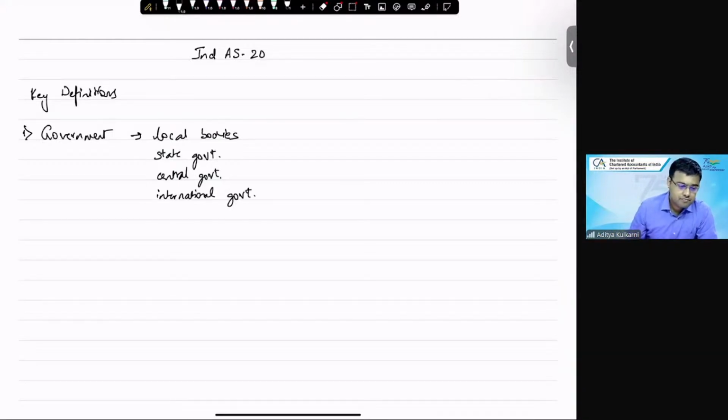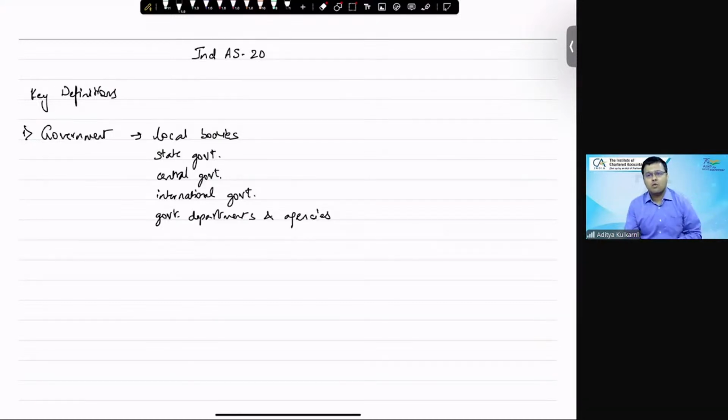It could mean departments. Government departments and agencies. You can note down along with me. Okay. So local bodies, state government, central government, international government, government department and agencies, etc. Okay. Or international bodies. Example, the United Nations. Okay. So this is your broad definition of government.